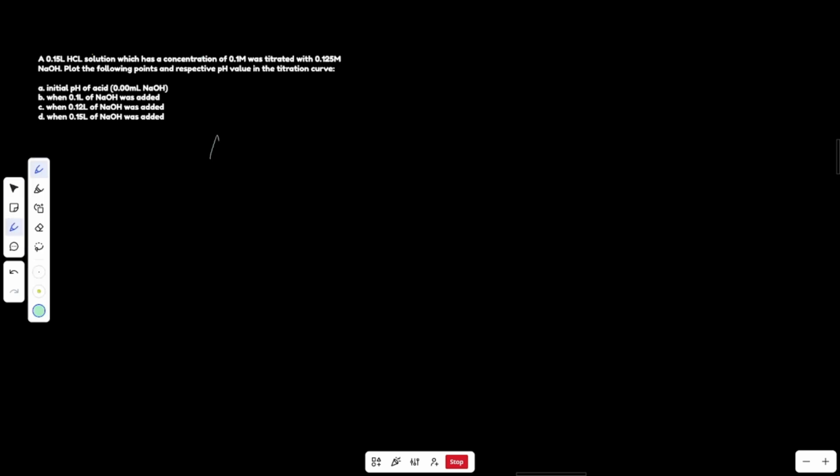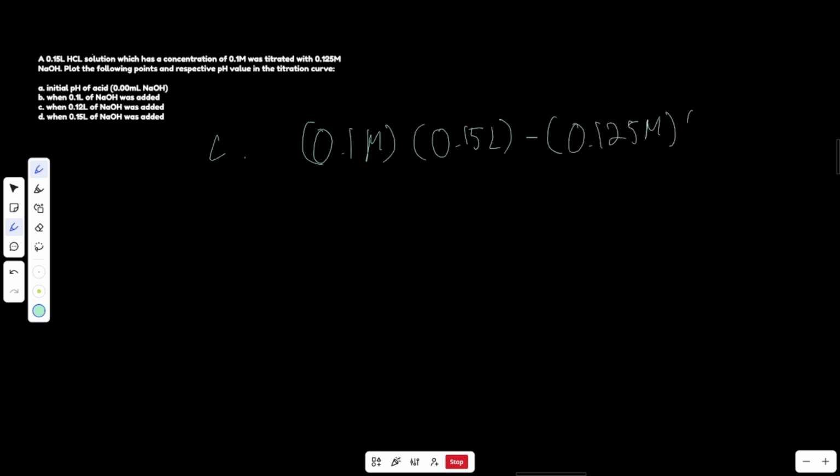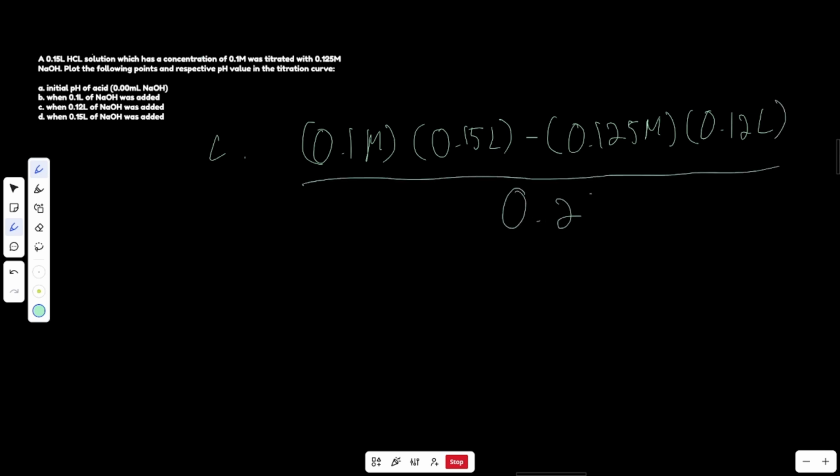Now, for letter C, let's give this a shot. Now, we'll do the same formula. We'll just do 0.1 M times 0.15 minus 0.125 M times 0.12 liters over 0.27.